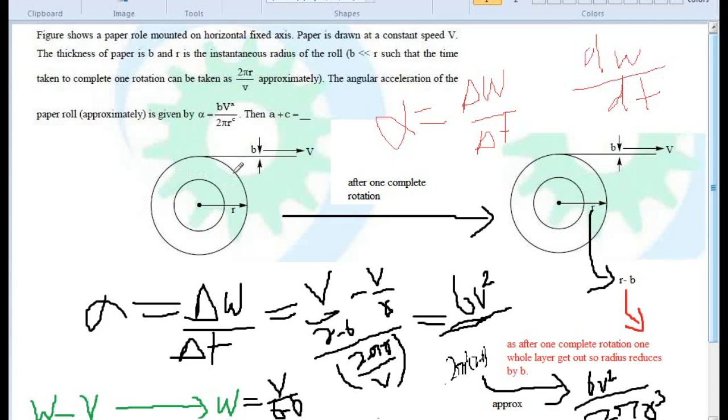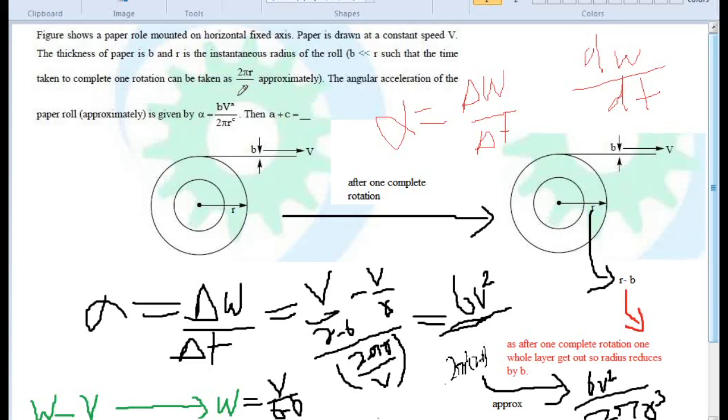But since the radius is not feasible to calculate at any instant, we are taking omega at those instances when one complete rotation or two complete rotations take place, because at that time only the radius is somehow equal at each and every point, and hence we are able to calculate omega more easily. Therefore, rather than using formula of d omega by dt, we use formula delta omega upon delta t.